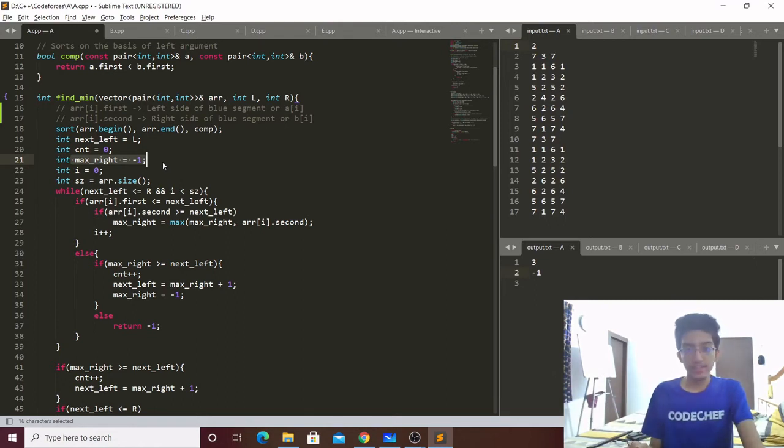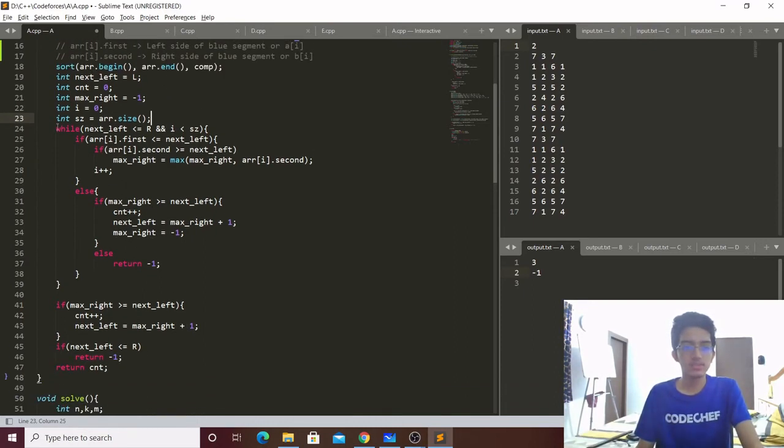And since we are not covering any right segment right now, we initialize it with -1. Okay, and int i equal to 0. This iterating variable will help us iterate over the array of segments, and this is already sorted. Int sz, which is the size of the sorted array.